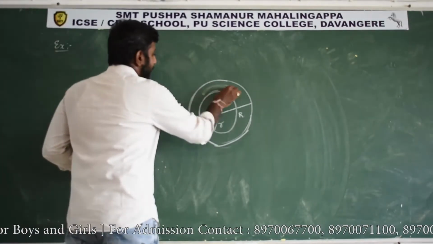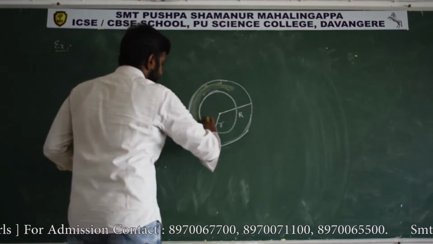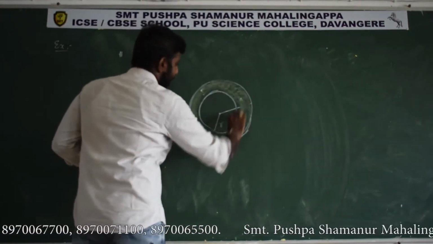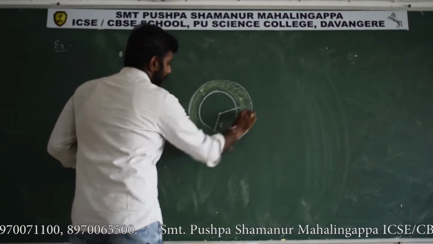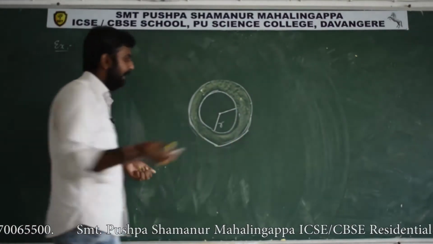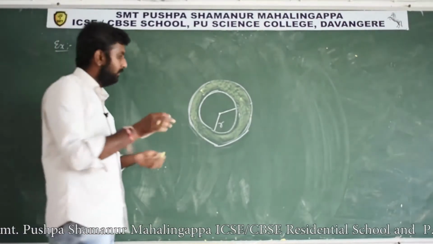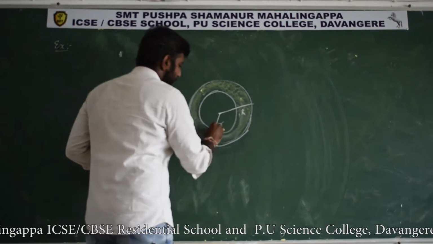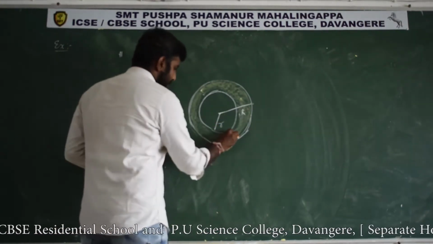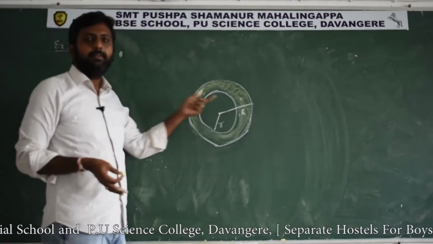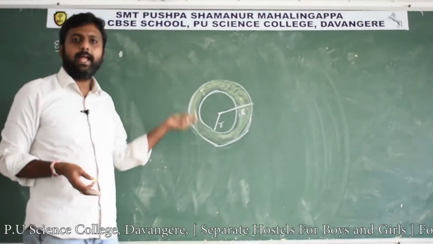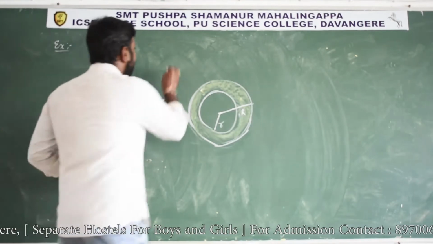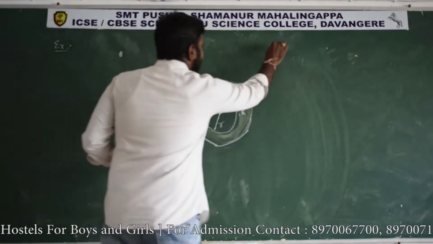So in this portion only the mass is present. You can imagine a rubber ball. Its outer radius is capital R and its inner radius is small r. Inside what is present? Cavity, right? Similarly, a hollow cylinder, here there is a cavity.